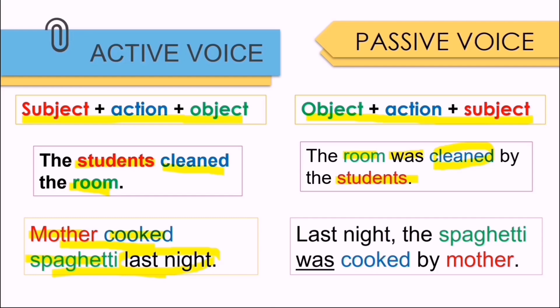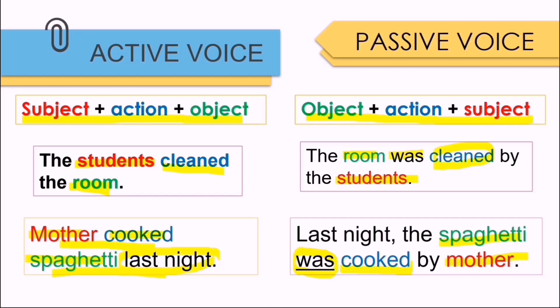Last night, the spaghetti was cooked by mother. Okay? Remember, we have the verb be was. Our object is spaghetti. Our verb be is was. And our past participle verb is cooked. And our subject is mother.